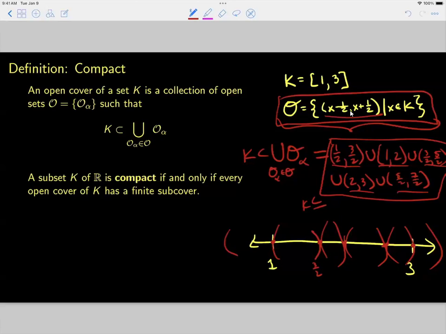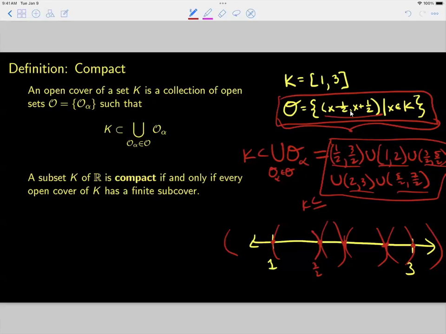Now, notice that that actually is still not enough to prove this set is compact, right? I've shown here that just for a particular open cover, this particular open cover has a finite subcover. If I could do that for every open cover of this set, then I would be able to say for sure that it's compact. So you can start to see that it's sort of maybe a fool's errand, right?